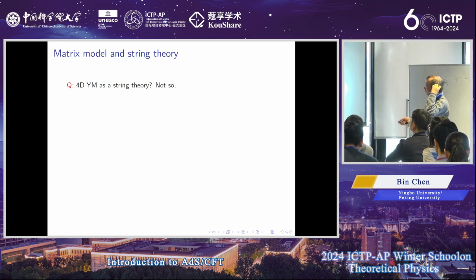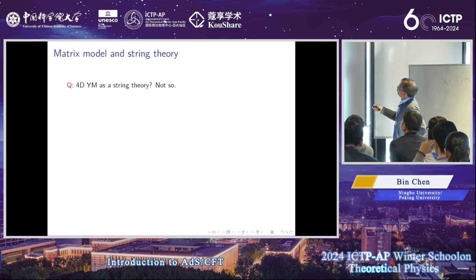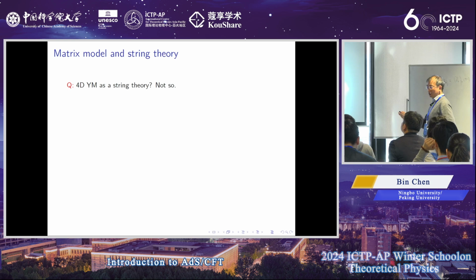But we know the 4-dimensional Yang-Mills. If you ask this question, is 4-dimensional Yang-Mills a string theory? We know it's in 4 dimensions. But the string theory, as emphasized by Professor Lu, should be in 10 dimensions if we have supersymmetry.